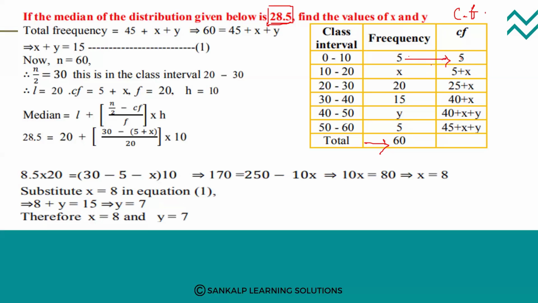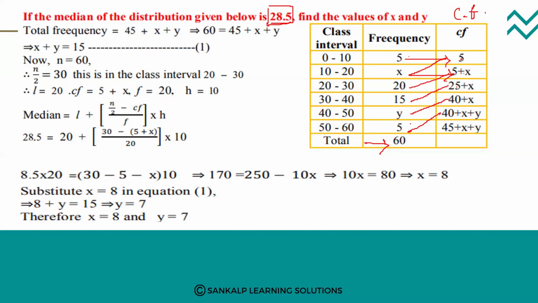Next, first frequency plus second frequency is 5 plus X. 5 plus X plus 20 is 25 plus X. 25 plus X plus 15, 25 plus 15 is 40, so 40 plus X. Next one is 40 plus X plus Y. Next is 40 plus X plus Y plus 5, that is 45 plus X plus Y.